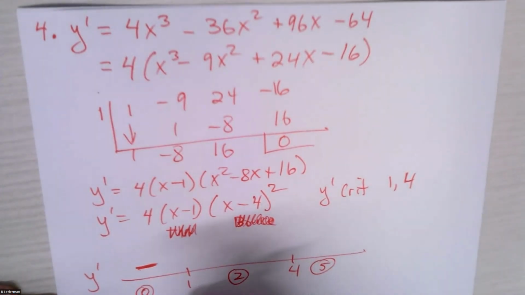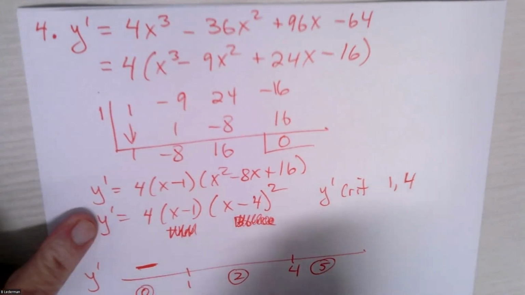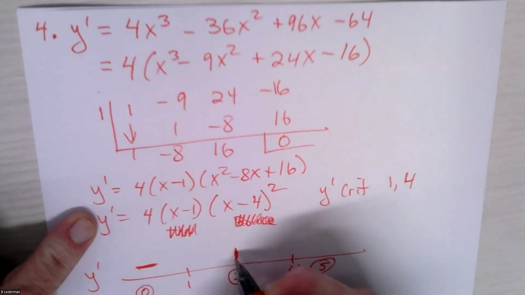At 2, y prime is equal to 4 times 2 minus 1 times 2 minus 4 squared, which is 4 times negative 2 squared, which is 16, a positive number.